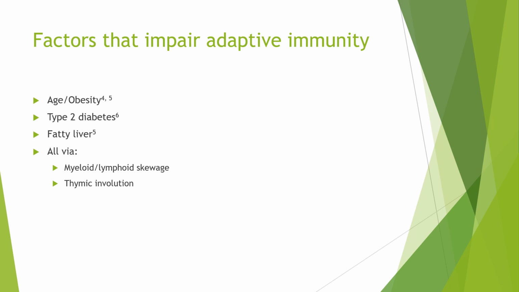This is thymic involution, and the healthy thymus tissue is replaced with fatty tissue. This impairs the thymus's ability to make mature T cells that can then be told what they need to kill. It also impairs our ability to make T regulatory cells, which makes us less immune tolerant and can skew us towards autoimmune disease.